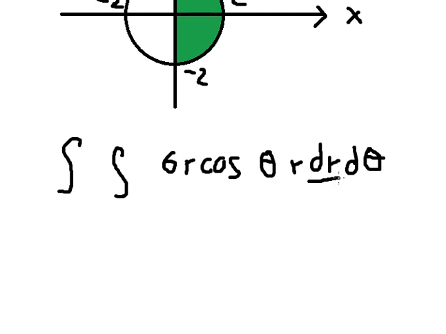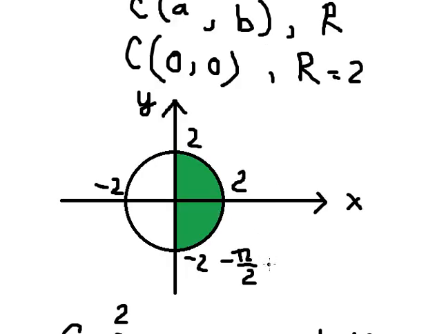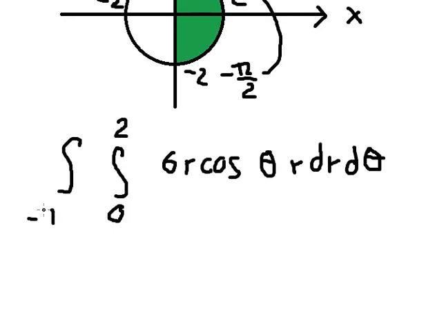About dr, that is the radius of the circle, so we know that it is from 0 to 2. About d theta, we start from this one, negative pi over 2, and this one will go to here, positive pi over 2. And now we put the bounds in here.